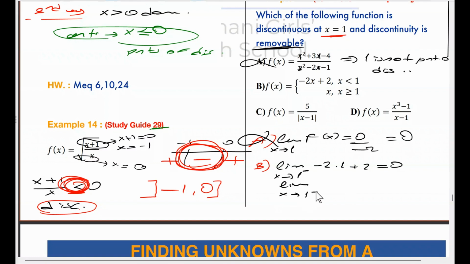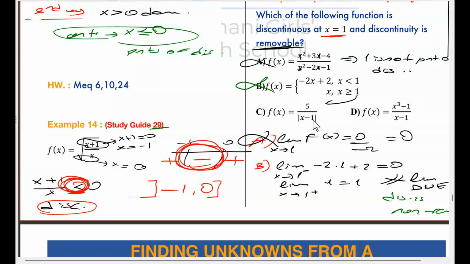Limit as x approaches 1 from the right of x. When you insert 1 for x, it's 1. So 0 is not equal to 1. So the limit does not exist since right and left-sided limits are different. Limit does not exist, so the discontinuity is non-removable. So it's not our answer either.